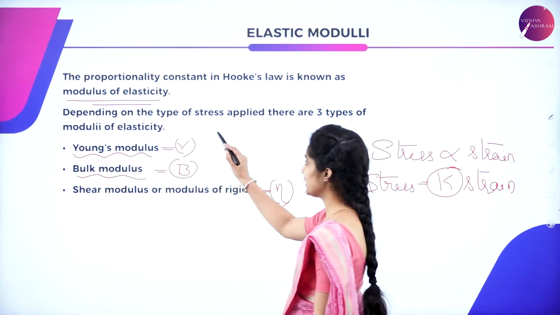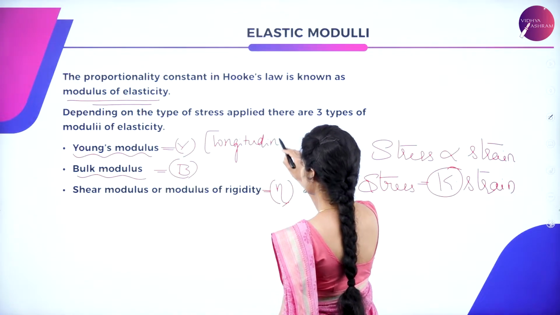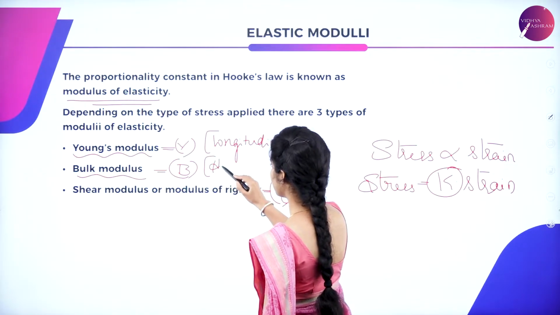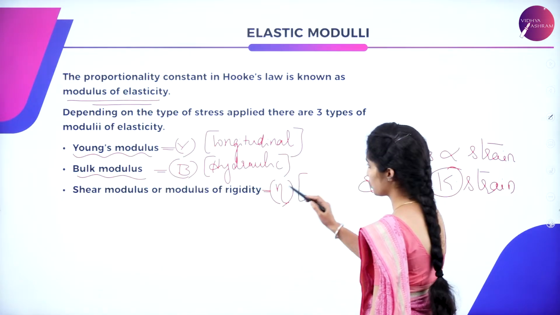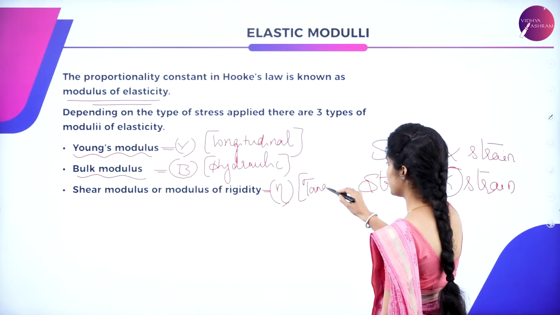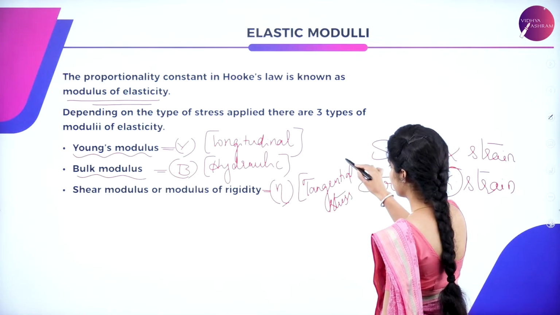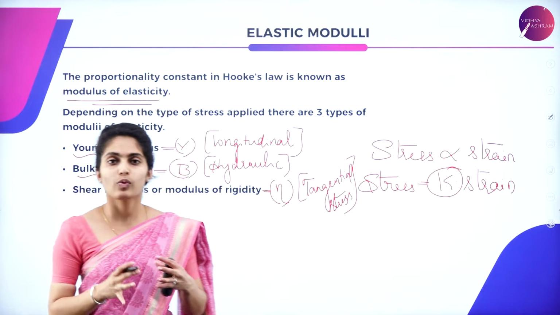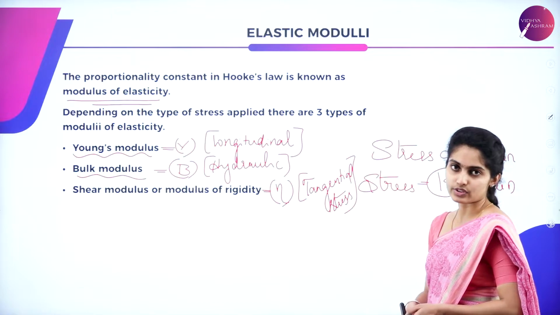Young's modulus is associated with longitudinal stress, which we studied in the previous session, bulk modulus is associated with hydraulic stress, and shear modulus, that is modulus of rigidity, is associated with tangential stress. So these are the concepts of the moduli of elasticity. There are three types: bulk modulus, Young's modulus, and shear modulus or modulus of rigidity.